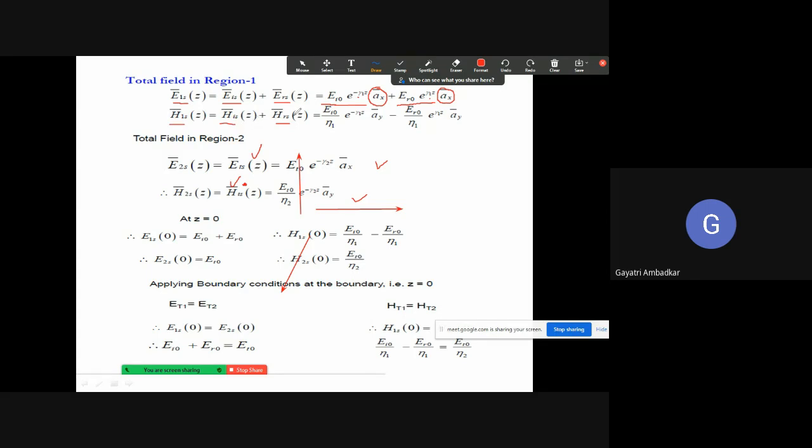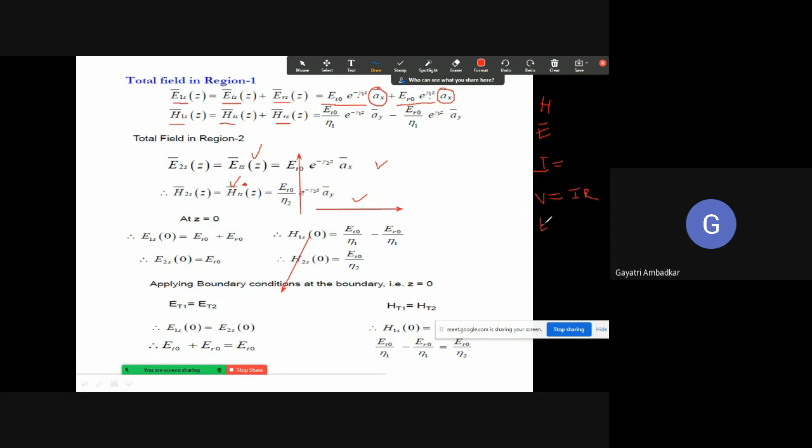What is the relation between E and H? I told you that you can relate H with the current and E with the voltage. According to Ohm's law, V is equal to IR.